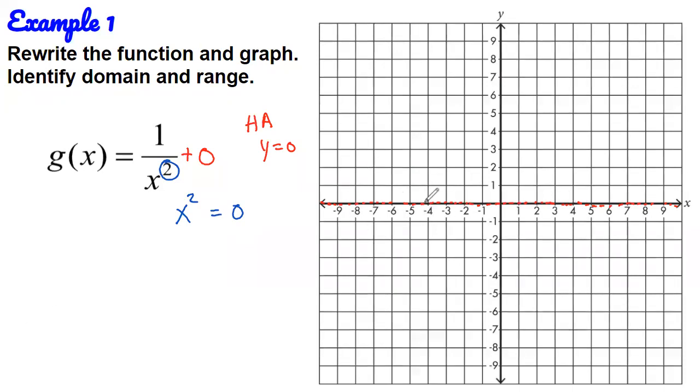Yes, because no matter what x value I have, y is always going to be 0. So it's the equation y equals 0. Now, for my vertical asymptote, I need to make my denominator equal to 0. This time x is not by itself, it's x to the power of 2. So I make it equal to 0. And how do I solve for x? Square root both sides, and I get x equals 0. So in this case, we have the same value.